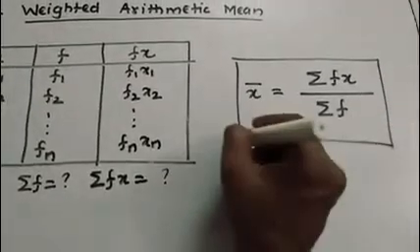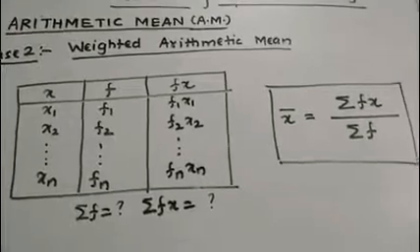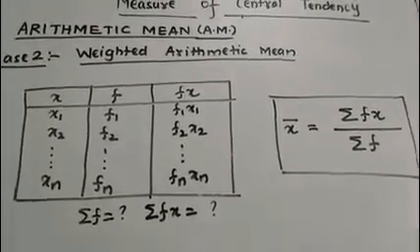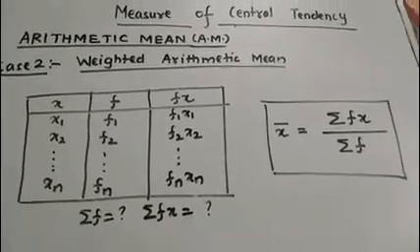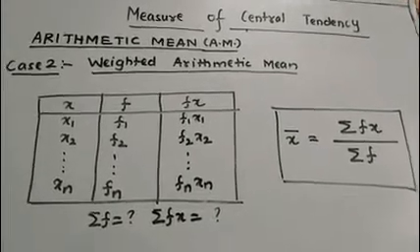This is the formula in case of weighted arithmetic mean. So these are the two basic formulas for arithmetic mean: one was for simple arithmetic mean and another one was for weighted arithmetic mean. Now we are going to solve some questions by using these formulas.